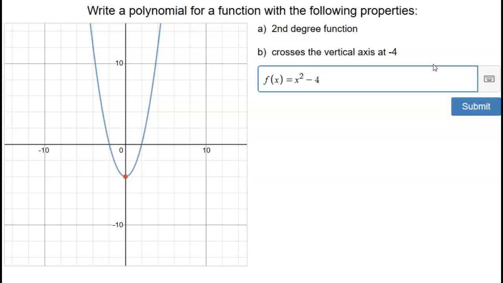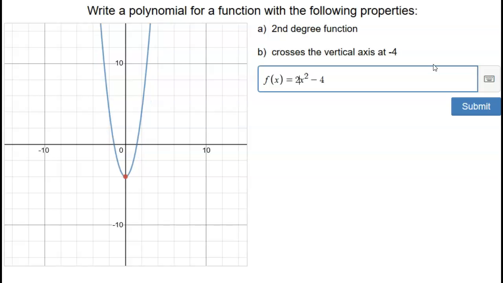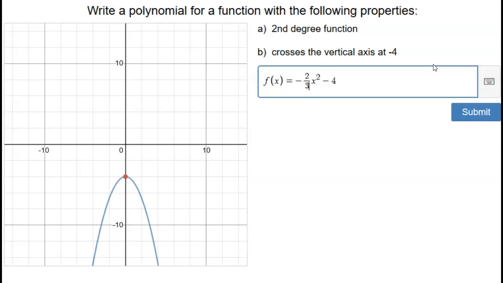Now I can change this equation as much as I want. I can put a coefficient on that. I can make that a negative. I can make it a fraction. I can even put in another term here. So I could do plus 3x. As long as this constant stays at -4, this y-intercept is still going to be -4.